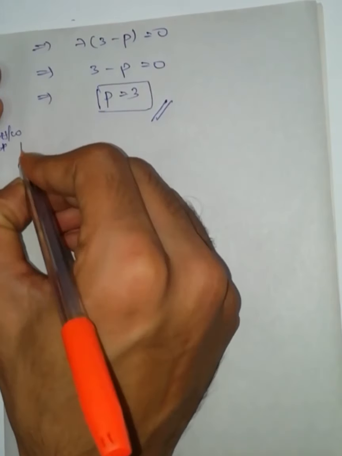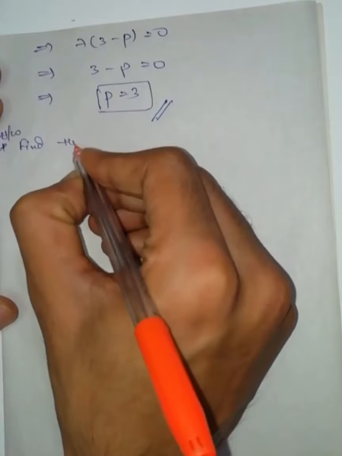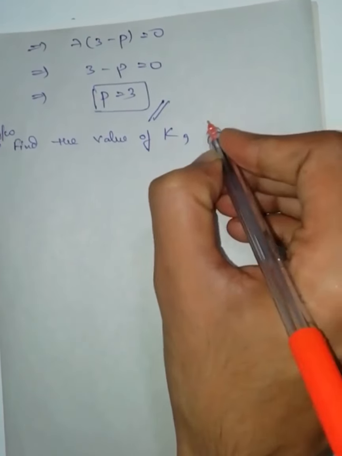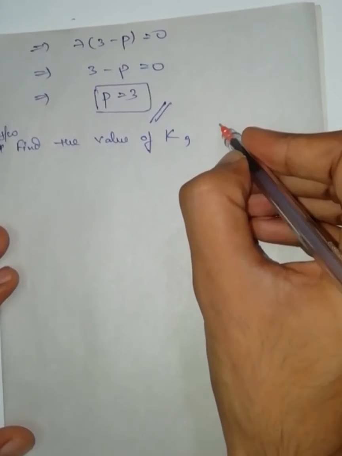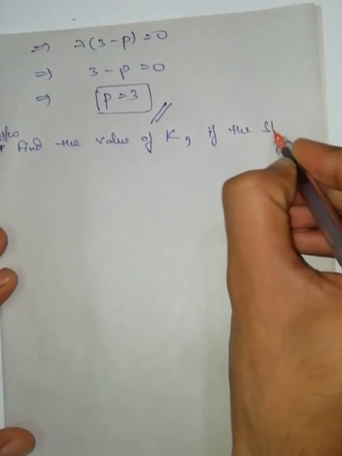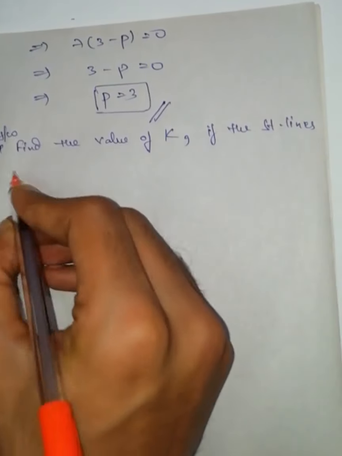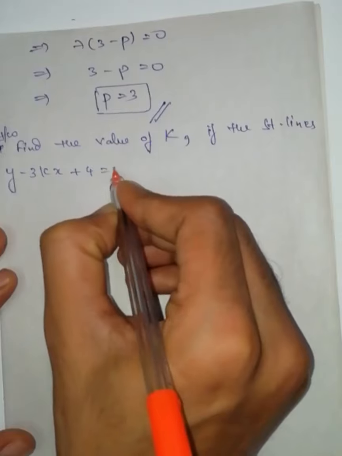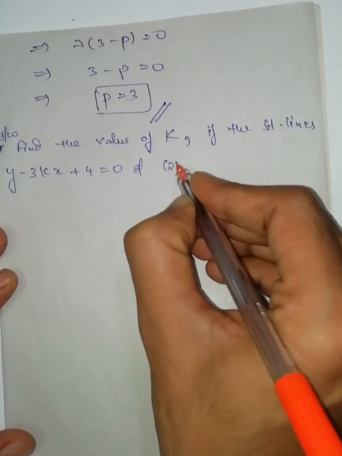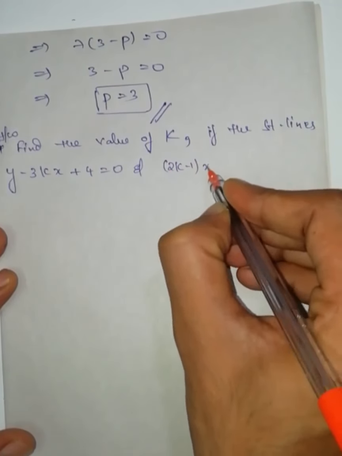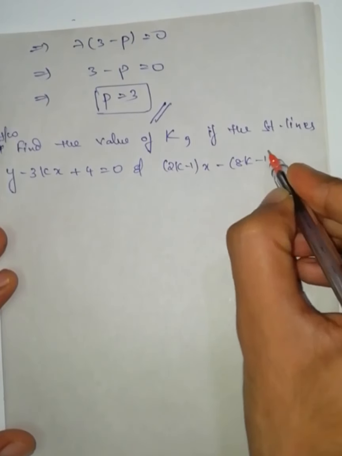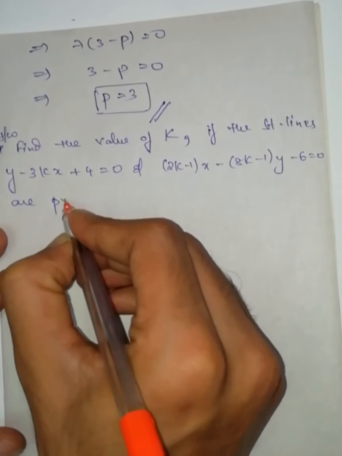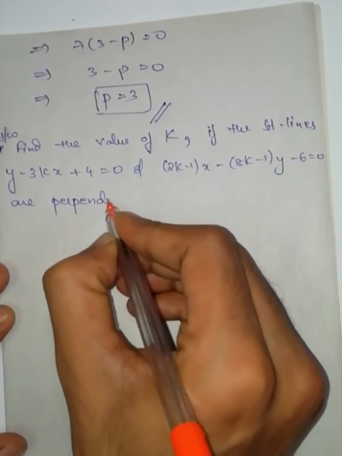Find the value of k if the straight lines y minus 3kx plus 4 is equal to 0 and (2k minus 1)x minus (8k minus 1)y minus 6 is equal to 0 are perpendicular.